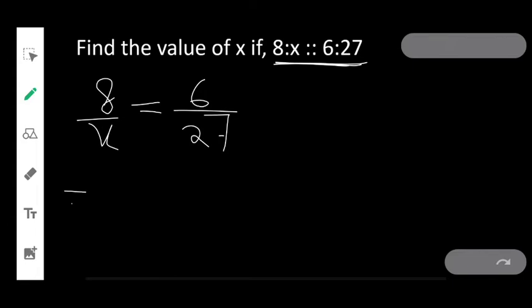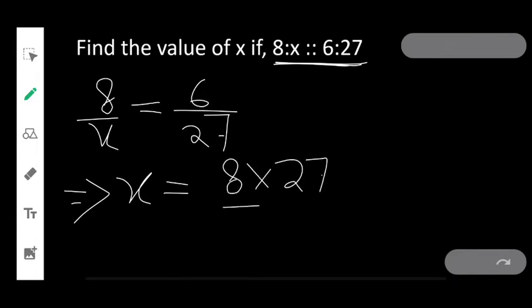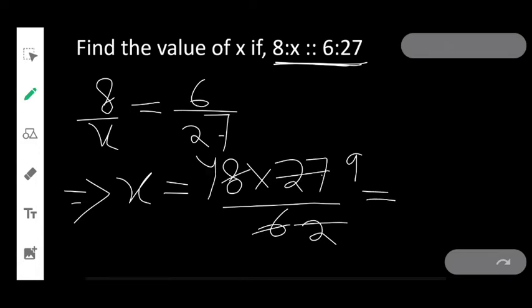Here x will be 8 into 27 by 6. So 3 nines are 27, 3 twos are 6, and 2 fours are 8. So x is 4 into 9, that is 36. That is the value of x.